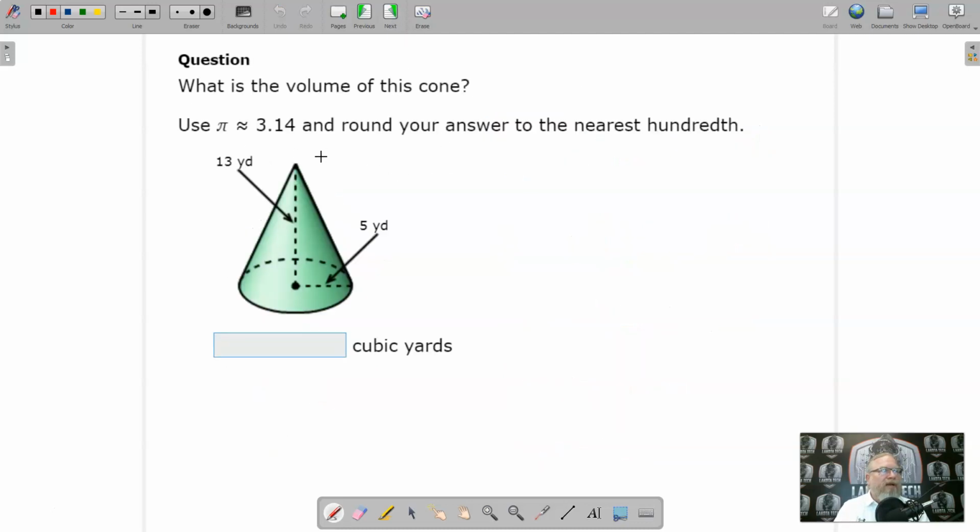On this one here, we have a cone. A cone's kind of like a circular pyramid if you think about it. So our volume is going to have the concept of the 1/3 in there. And then we're going to take the base area, and then multiply that times the height of the cone. So volume equals 1/3.